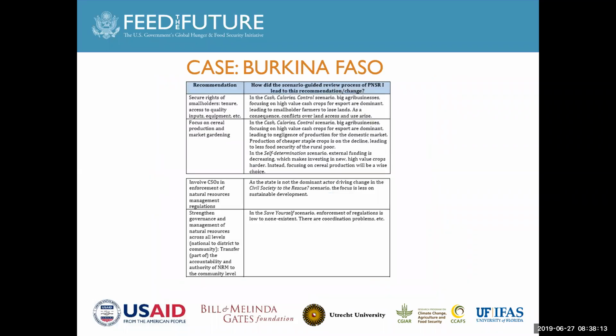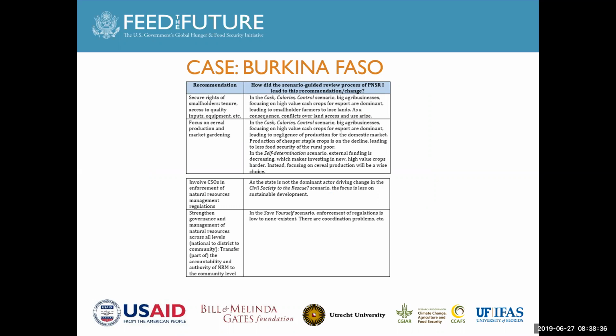In this process, the scenario logic led to recommendations, as these examples show. So, for example, the first one, a recommendation was to secure rights of smallholders, tenure, access to quality inputs, equipment, etc. And how did we end up with this recommendation?